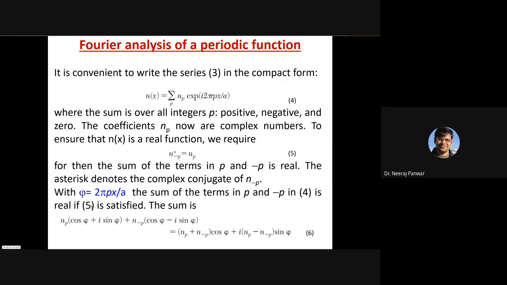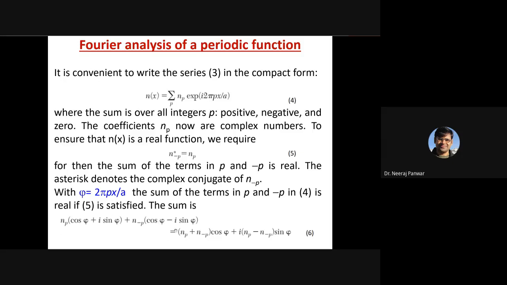So now in this equation, we let phi be equal to 2 pi p x upon a, and we expand this in terms of p and minus p. So n_p e to the power i phi becomes cos phi plus i sin phi, and when we put minus p, we have n_minus_p times cos phi minus i sin phi.